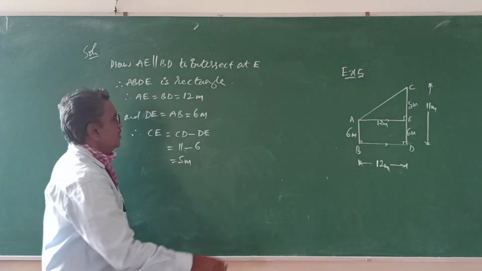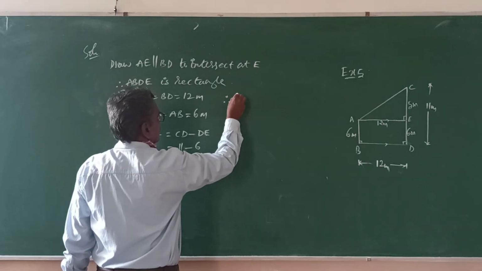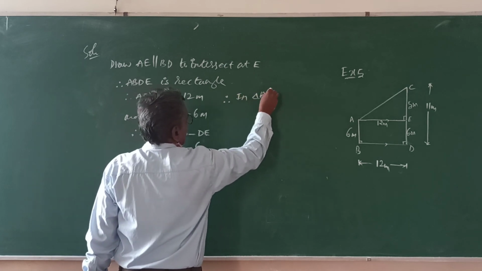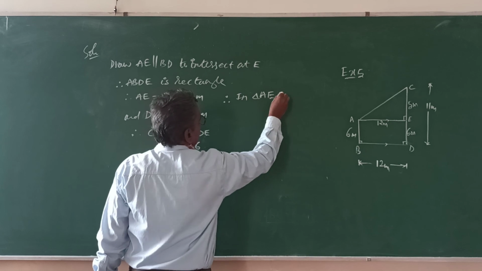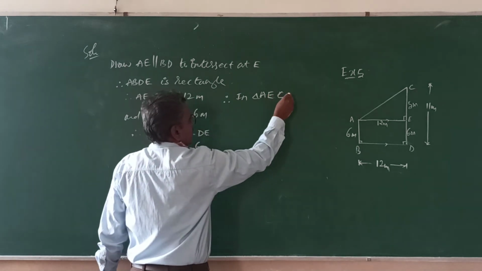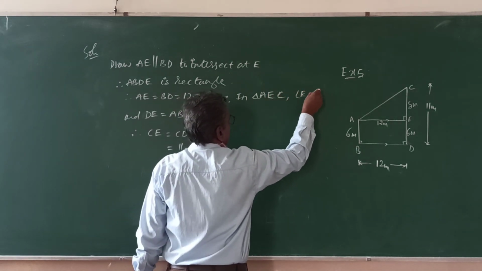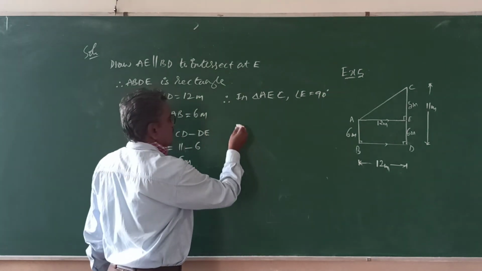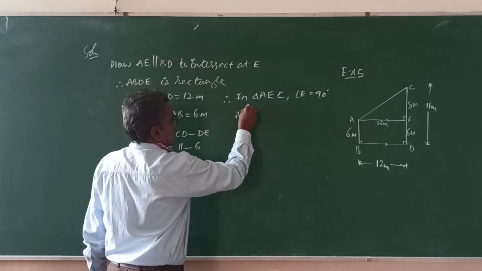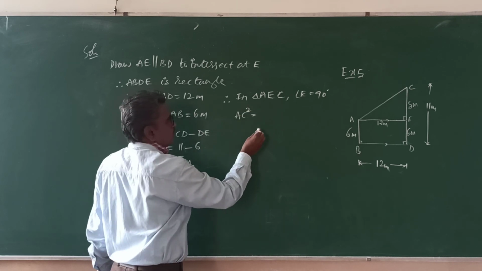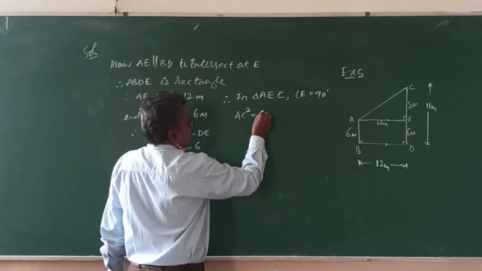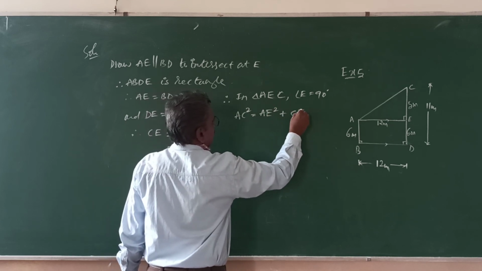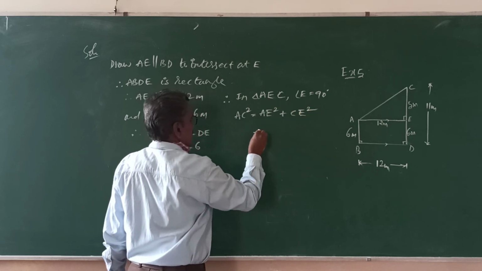Therefore in triangle AEC, angle E is equal to 90 degree. Therefore apply the Pythagoras theorem. AC square is equal to AE square plus CE square.